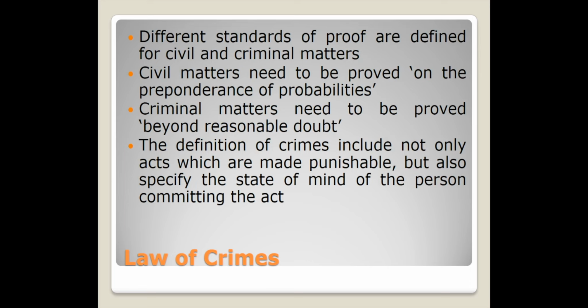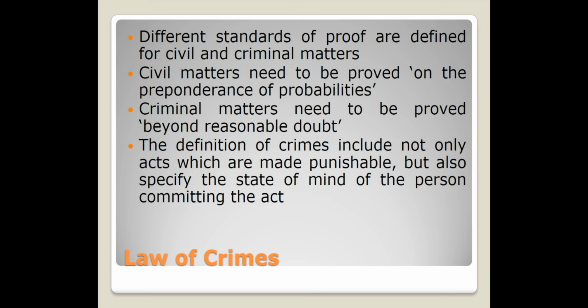Now, the big difference between civil and criminal matters is a difference in standard of proof. Now what is standard of proof? Standard of proof is the level beyond which you must prove that a person has done something. In civil matters, the matters need to be proved on the preponderance of probabilities.